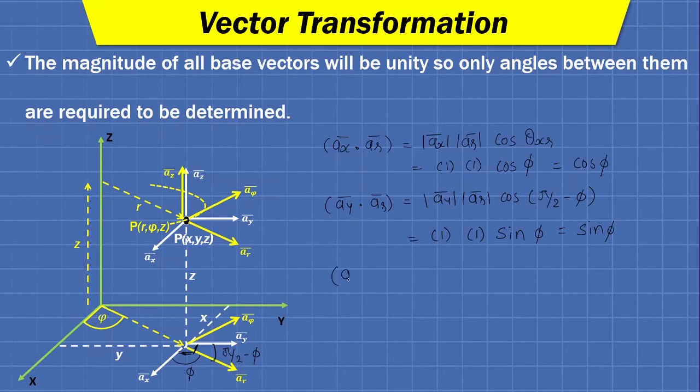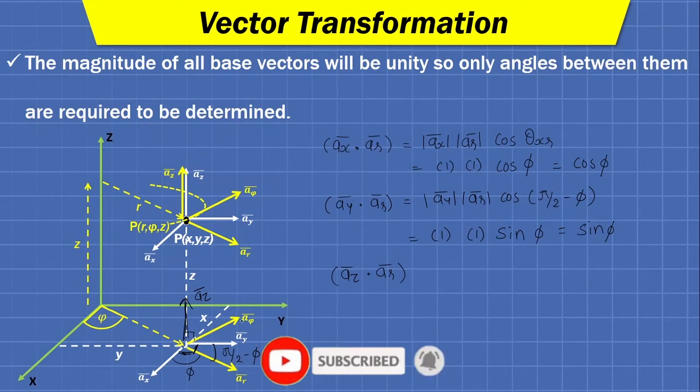Now a_z dot a_r. You see a_z is directed vertically, quite like this. This is the direction of a_z, and you can see that a_z makes a 90-degree angle with all the remaining base vectors, because these 4 base vectors are on the xy plane and a_z is vertically oriented.